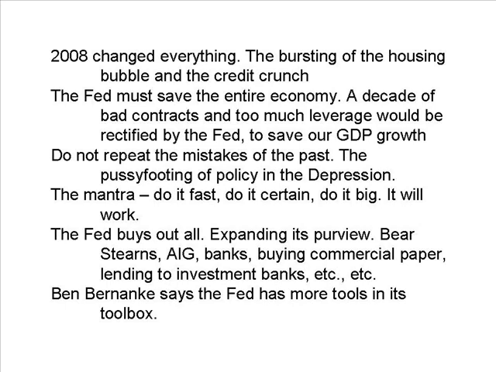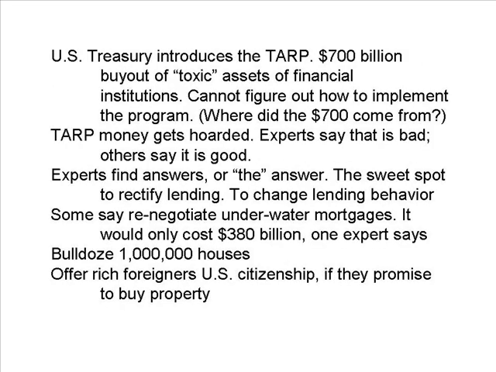And here, the Fed's balance sheet went from having almost $1 trillion of U.S. Treasuries to drawing that down to a few hundred billion, and then having well over $1 trillion to $1.5 trillion of other stuff. And all along, Ben Bernanke would say the Fed had more and more tools in its toolbox, meaning it could buy more and more different things. And it gets really wild and really weird. Everybody was trying to find the sweet spot. How could we change the lending behavior of institutions to get them to lend again, something like that.